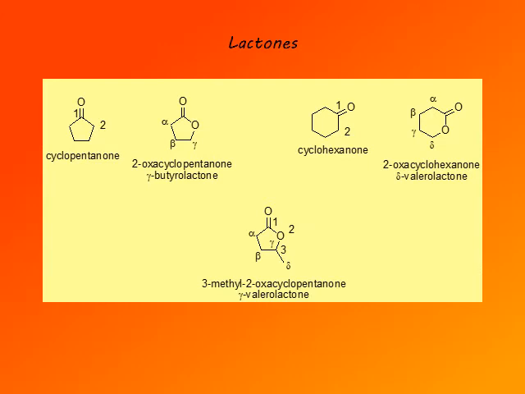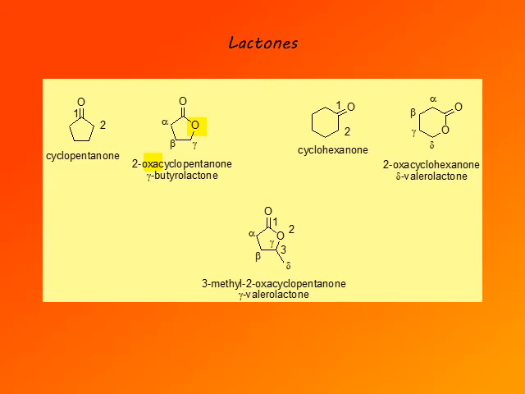Of course, carbon of the carbonyl group is carbon 1 of the ring. So for example, 5-membered cyclic ketone is cyclopentanone. Corresponding lactone has oxygen in position 2 relative to carbonyl group. So its name is 2-oxacyclopentanone. So we simply ignore the fact that it's lactone and simply name it as substituted ketone.